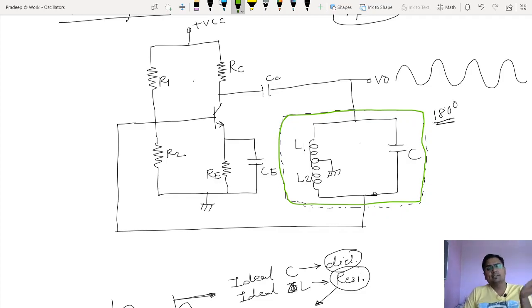Stimulating the tank circuit means applying some extra external voltage, and that job is done by this amplifier circuit. After a certain period, the tank circuit takes voltage from the amplifier and adjusts its output to sustained waveforms. Look at this, you will always get sustained waveforms.